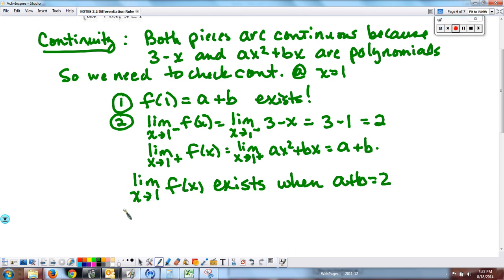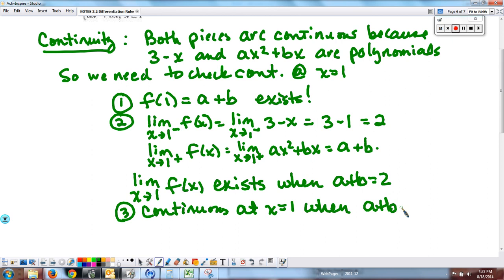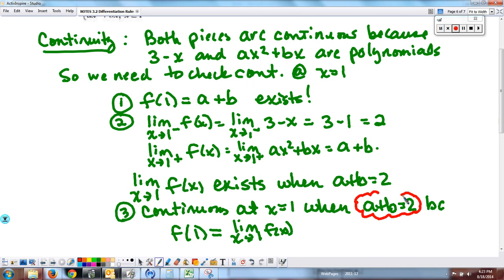And we know that it is continuous at x equal to 1 when a plus b equals 2, because that would make f of 1 equal to the limit as x approaches 1 of f of x. We haven't found a and b yet, but as long as this fact is true, the function is continuous.